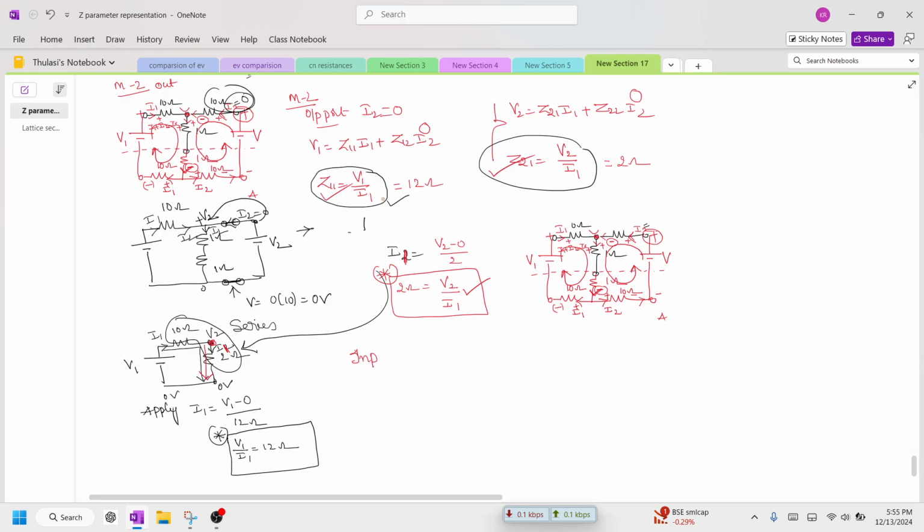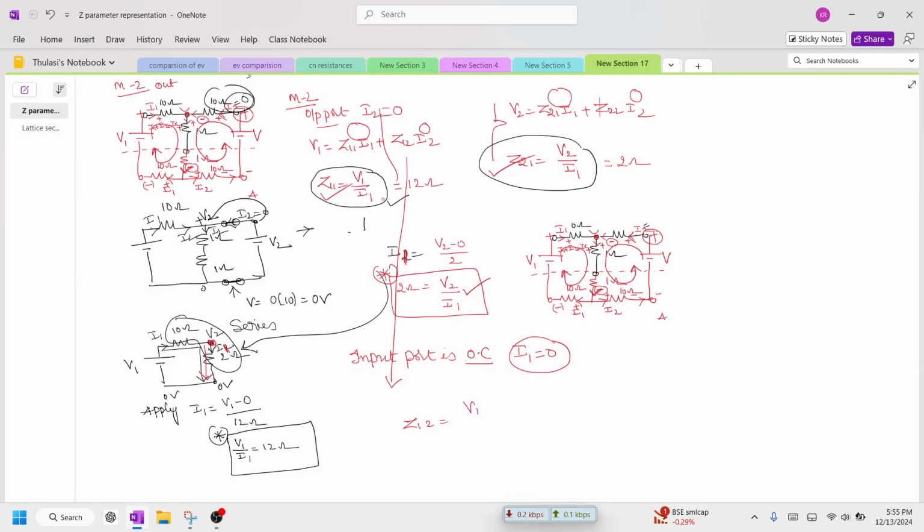I mean the input port is open circuited. If input is open circuited, the meaning is I1 is 0. So if I1 becomes 0, what happens? When I1 is 0, then Z12 is equal to V1 by I2 is one term. When I1 is 0, Z22 is equal to V2 by I2. So these two we need to find out to get the solution.